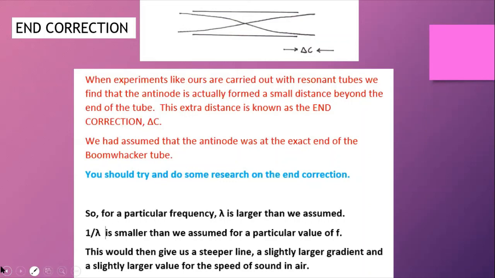This would give us a steeper line, a slightly larger gradient, and a slightly larger value for the speed of sound in air, which is what we are looking for here. So if you are carrying out this as a core practical, then you should certainly mention the end correction.